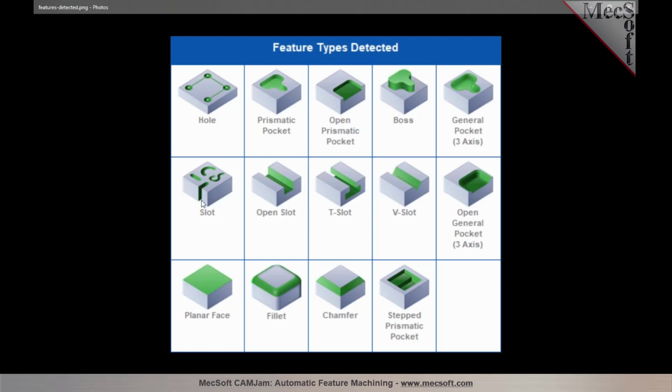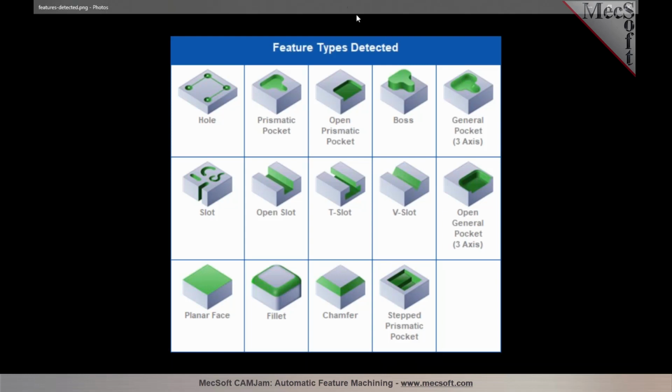Slot features, both open and closed slot features can be identified. Open slot features, T-slot features, V-slot features, general 3-axis open pocket features, so parts with sculpted bottoms. We could also identify planar face, fillet, chamfer, and step pocket features. So these are the different feature types that we can identify in our latest release.